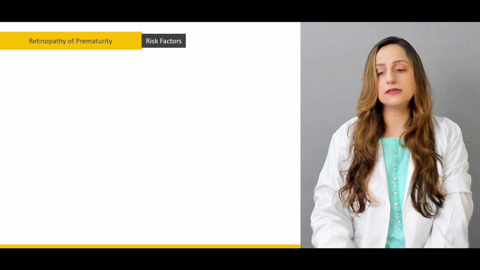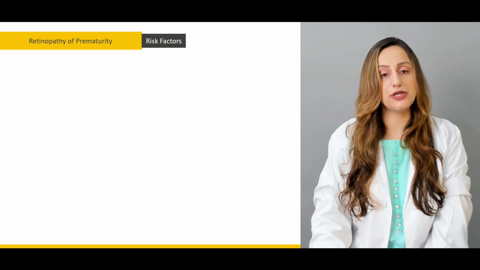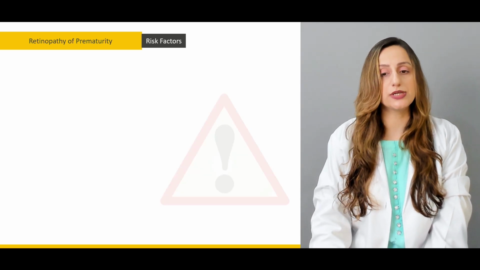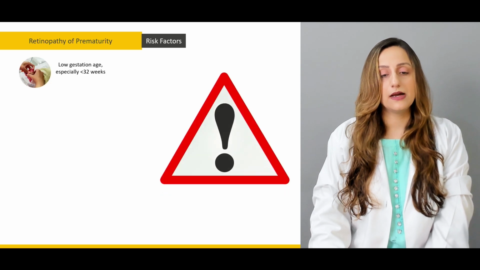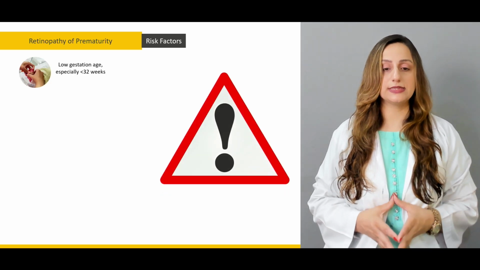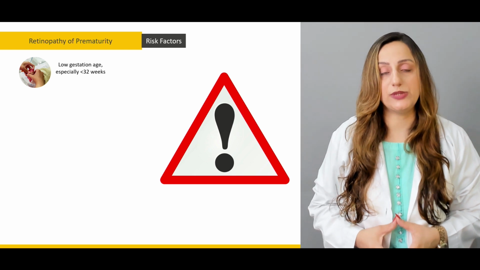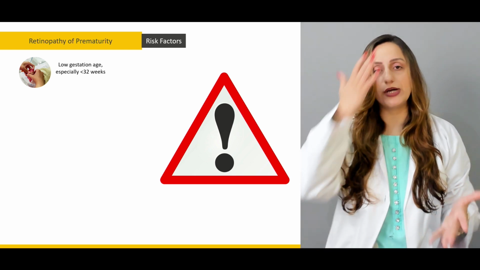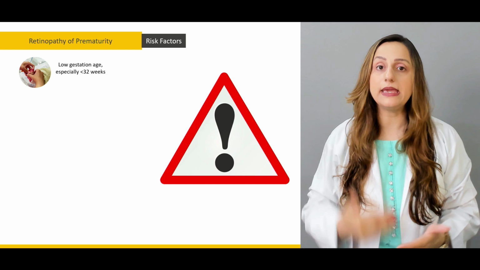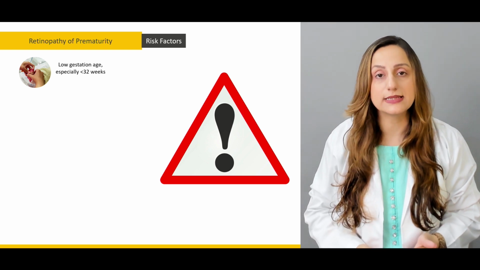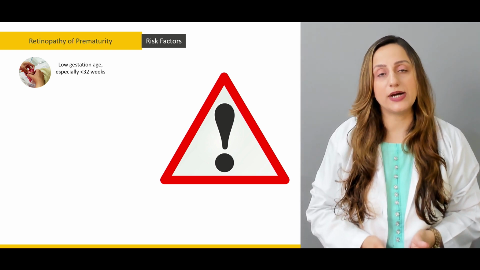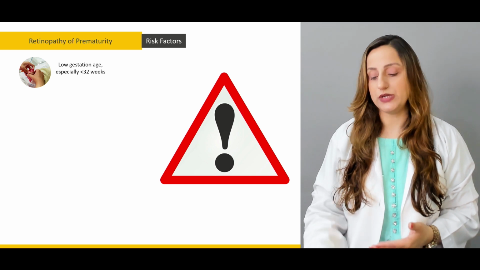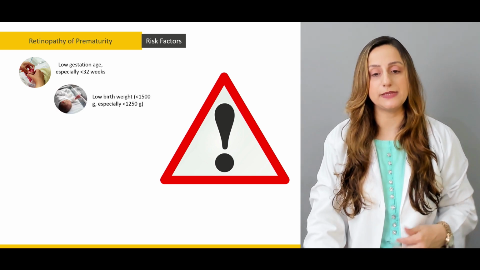The risk factors for the development of retinopathy of prematurity would be low gestational age, especially less than 32 weeks. Whatever the child's gestational age may be, if it is less than 32 weeks, that makes the child more prone to retinopathy of prematurity.